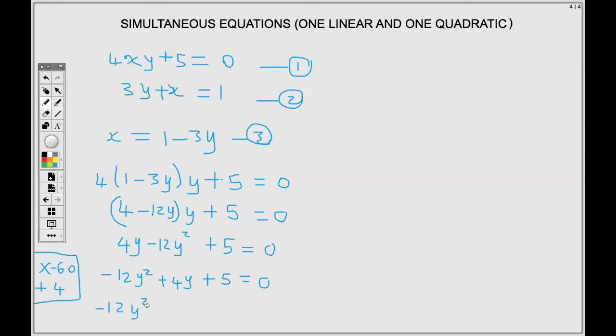So we need two numbers that multiply to give us negative 60 and add to give us 4. And you should by now have watched my videos on quadratics to say, okay, the factors are positive 10 and negative 6. So it means replacing the 4y with plus 10y and minus 6y, then we have plus 5 equals 0.